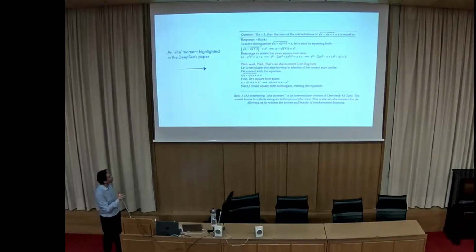The point is that when you give it a question, it doesn't go for the response immediately, but it has an intermediate stage where it's generating text and basically trying things on its own. So here it starts solving this equation, then it stops and says, wait. There's an aha moment that I can flag here, and then it goes back, basically the way we also think when we solve a problem. We say, oh, okay, maybe we should go back and rethink that step. So what they are flagging here is the fact that it went back to rethink the problem.